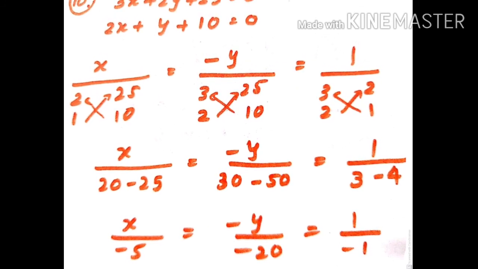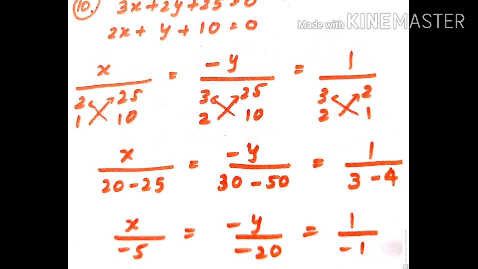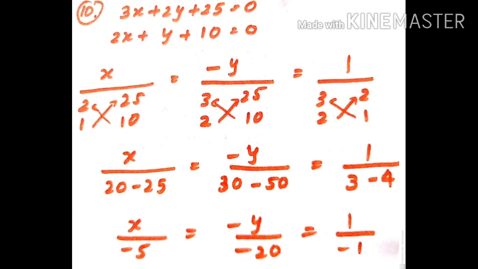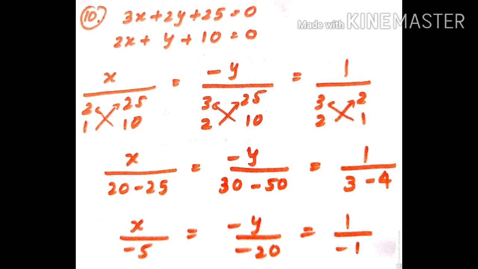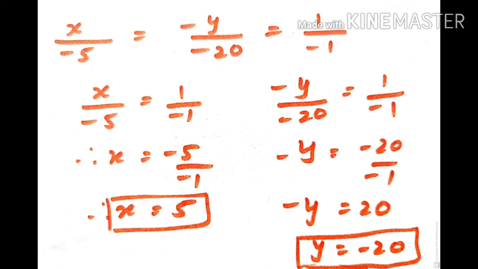We will compare our x variable with our constant 1 and y variable with the constant. So now as you can see, x upon minus 5 is equal to 1 upon minus 1 we are comparing, and minus y upon minus 20 is equal to 1 upon minus 1. So x is equal to minus 5 upon minus 1 and minus y is equal to minus 20 upon minus 1.